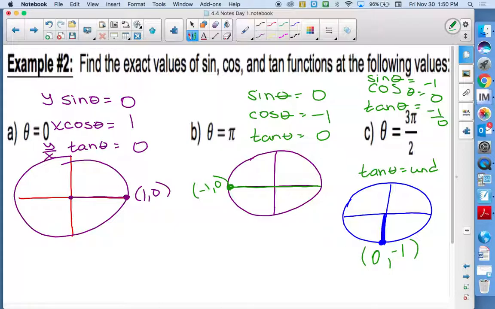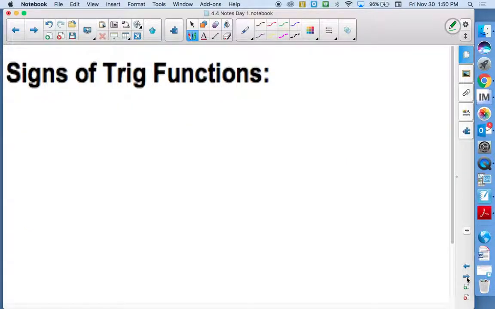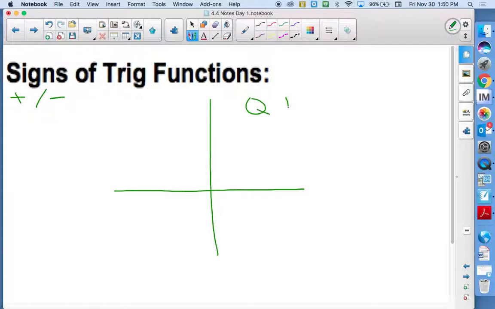So the chart at the top of the next page is just a summary chart, and I said we were going to come to this again today, talking about the signs of trig functions, and this means positive versus negative. So which function is positive, which function is negative, if you're in a specific quadrant of the circle. So we have those 4 quadrants moving counterclockwise.